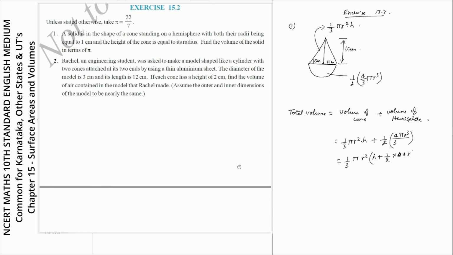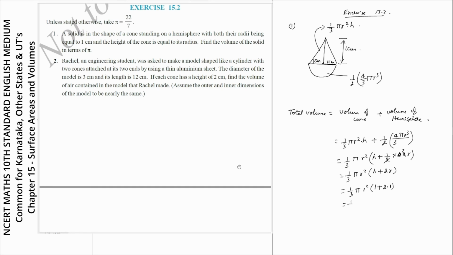So this is equal to 1 by 3 pi r square into h plus 2r. Now substitute all the values of h and r. So 1 by 3 pi, r is 1 centimeter so 1 square, into h is 1 plus 2 into r which is 1.